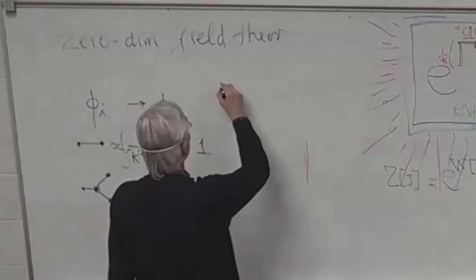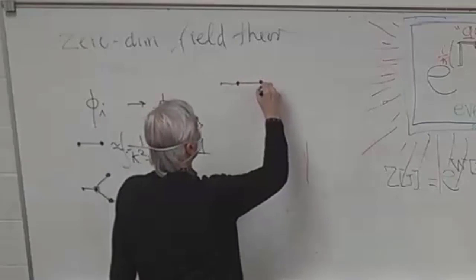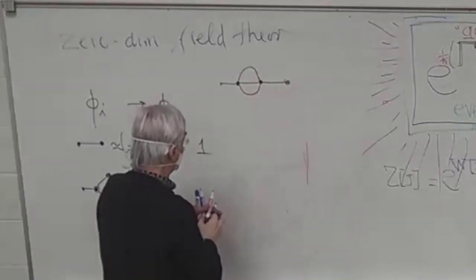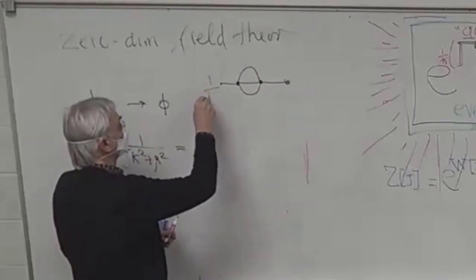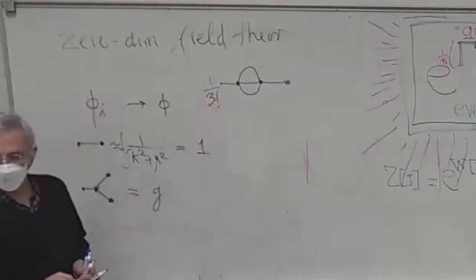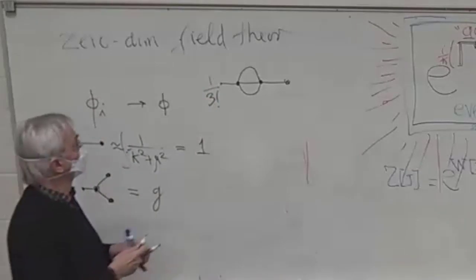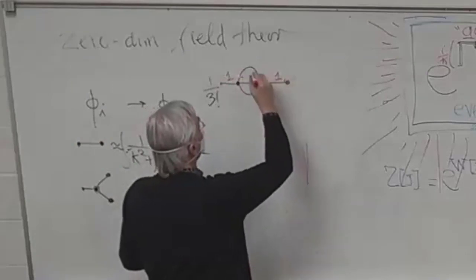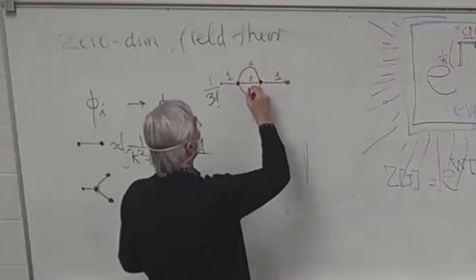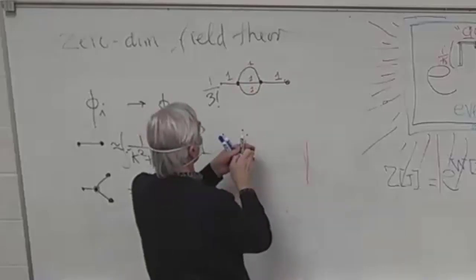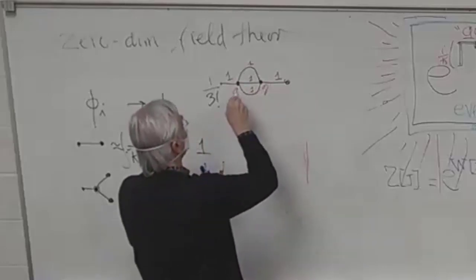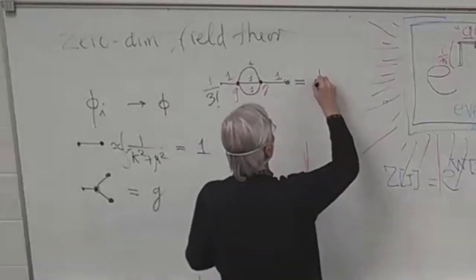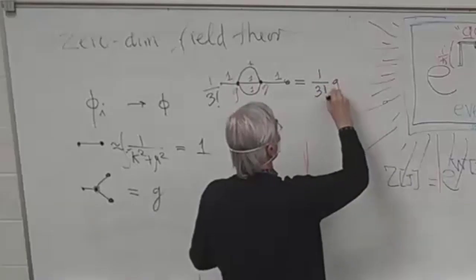If you say I have this diagram which has 4 vertices, and it has 1/3 factorial in front of it, and it contributes to a 2-point process, I say, in zero-dimensional theory, this is 1, this is 1, this is 1, and this is G, G. So this thing has a value 1/3 factorial G squared.